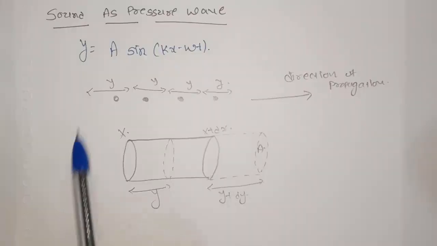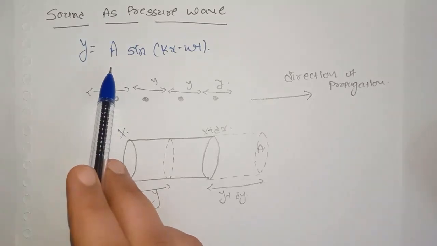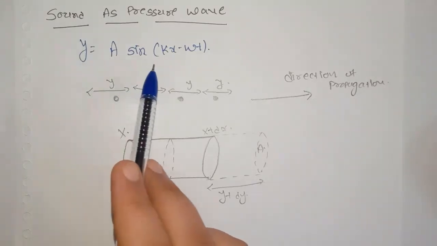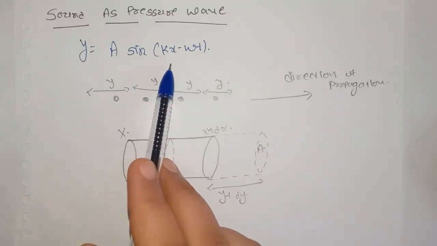Now, let us see sound as a pressure wave. Since sound waves are detected by the pressure changes which they produce, they are often described in terms of pressure variations. Consider a sound wave whose displacement-time equation is given by y equals A sin(kx minus omega t).